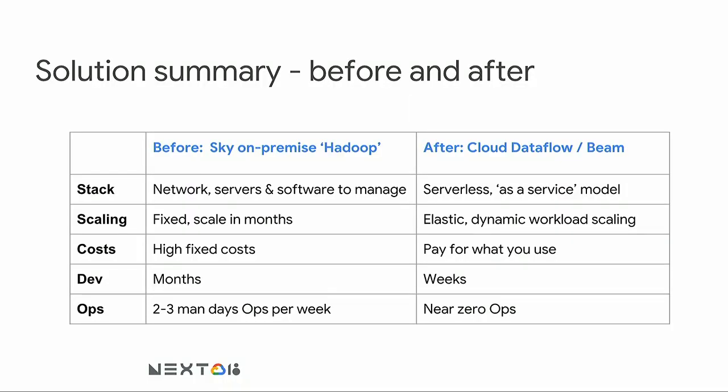And in many cases, we can now find that we're seeing more than double-digit improvements in performance of the UI and user experience. So, a quick summary of before and after.